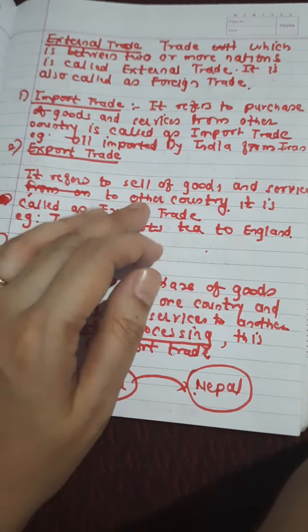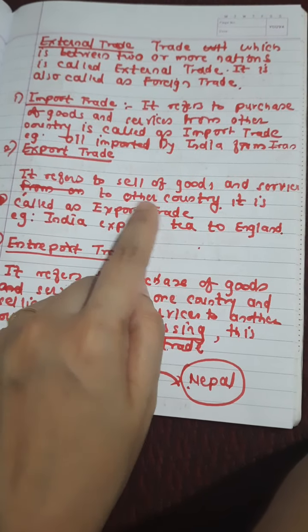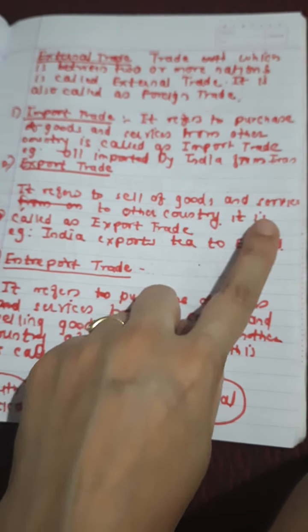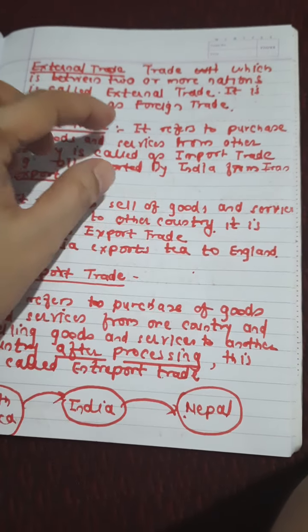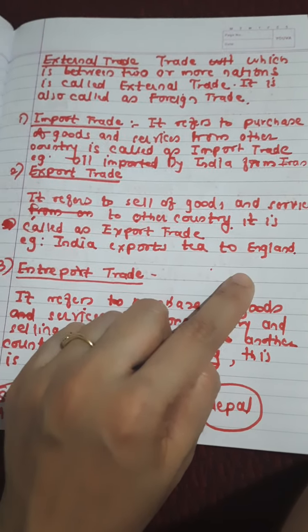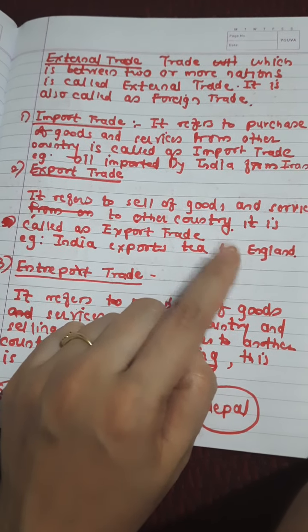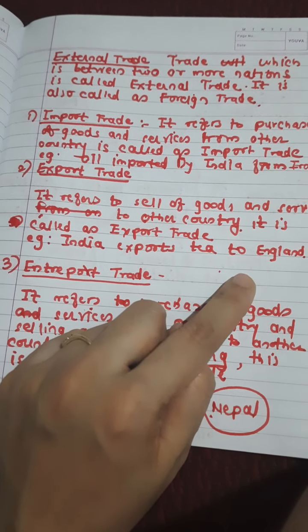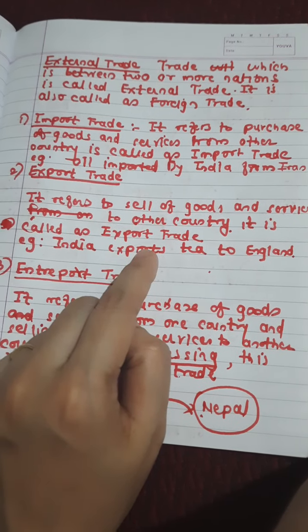Export trade refers to sale of goods and services to other countries. Here the word is purchase, and here the word is sell. Otherwise the definition is the same. India exports tea to England. England is very much fond of India's tea. Still, some spices and teas are exchanged.